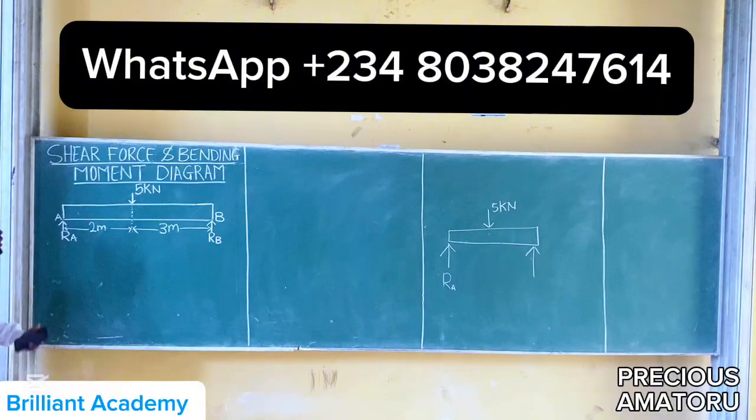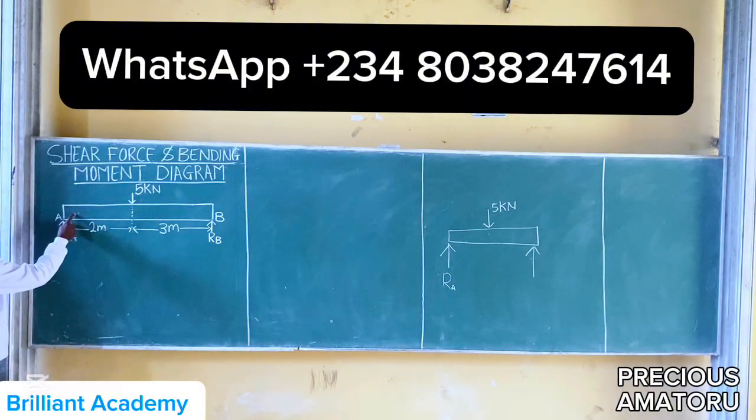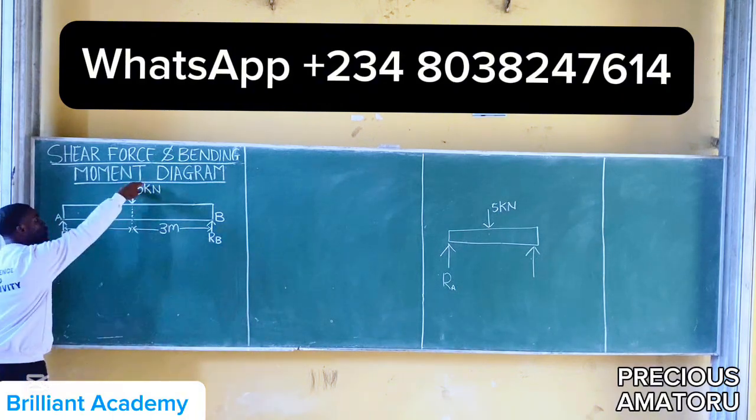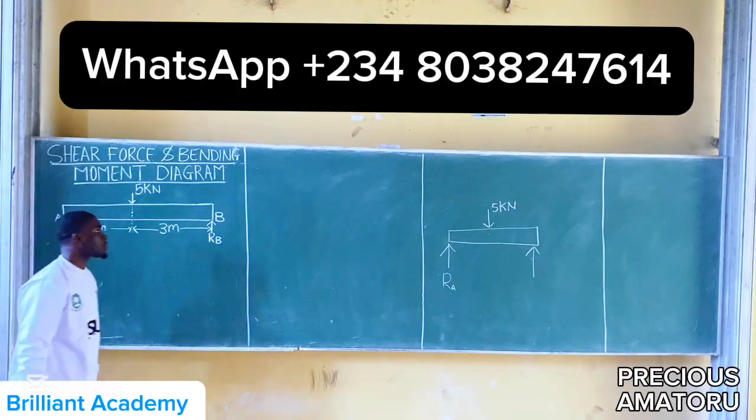So your very first step is to calculate all the forces within the beam. So looking at the beam now, the forces that we don't know is the reaction that will be felt here and the reaction that will be felt here as a result of this load that we apply on the beam. So how do we calculate it?